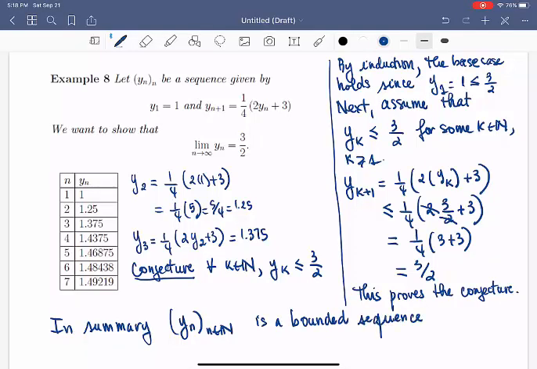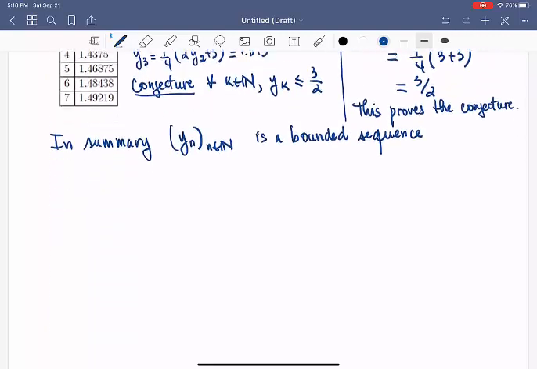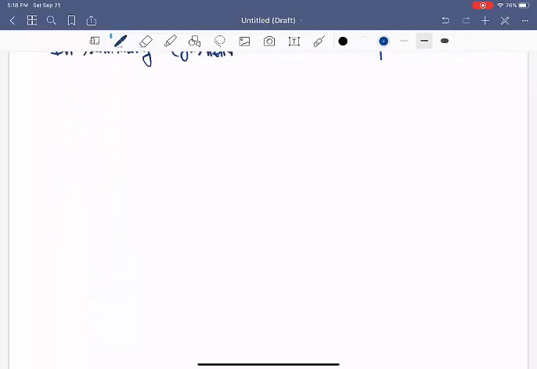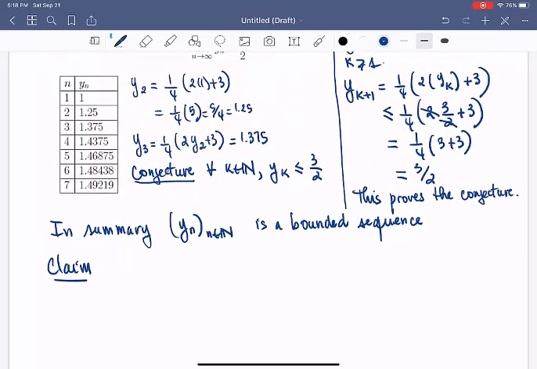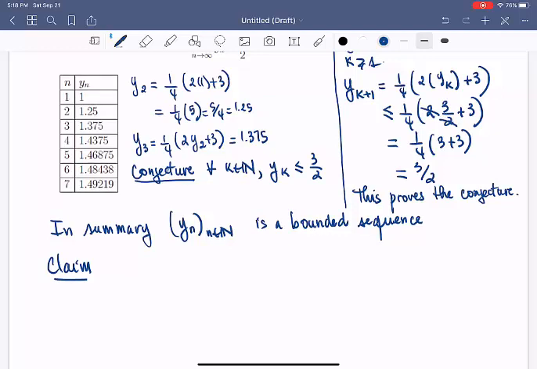Now, to apply the Monotone Convergence Theorem, we need to prove that it is monotonic, right? Now, in fact, I will prove by induction. So I claim, again, if you look at my table, it looks like this sequence here is increasing, right? 1.25, 1.375, and so on. So we can conjecture that the sequence is increasing.